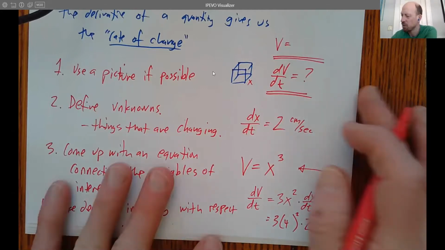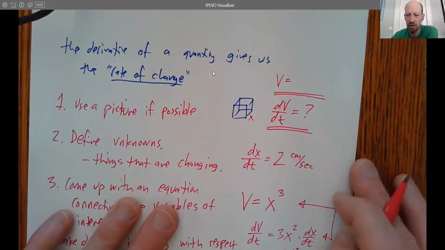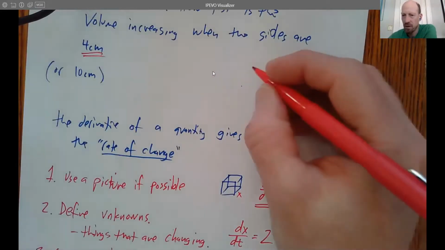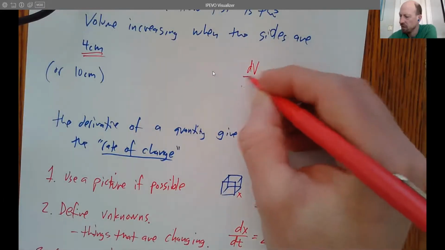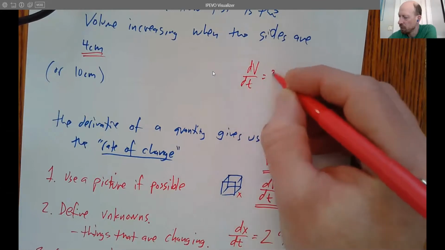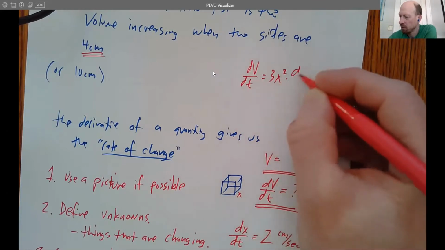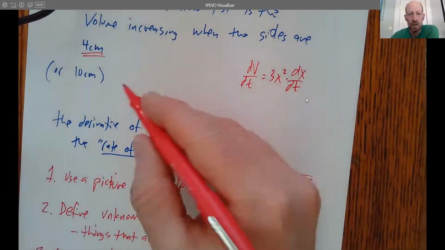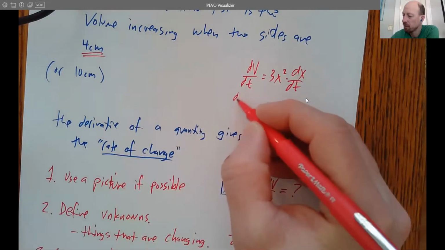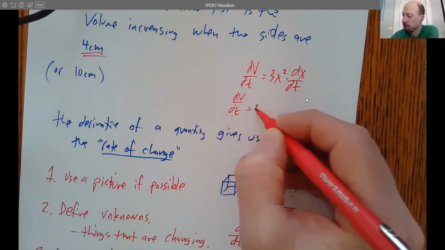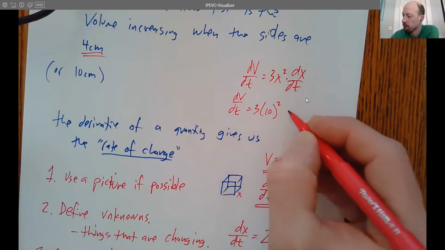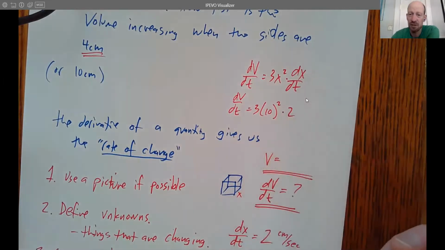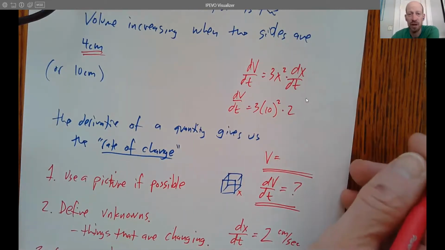If we do the same thing, kind of out of space here, but let me write that up here. dv dt equals 3x squared times dx dt. If we do that at 10 centimeters, notice, of course, it's giving me a much larger volume, which is what I would expect.